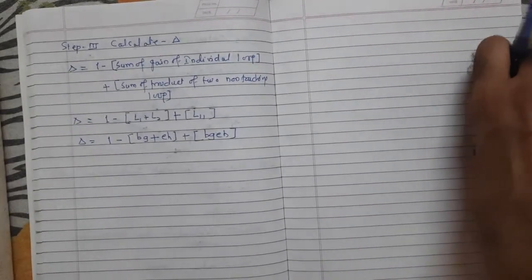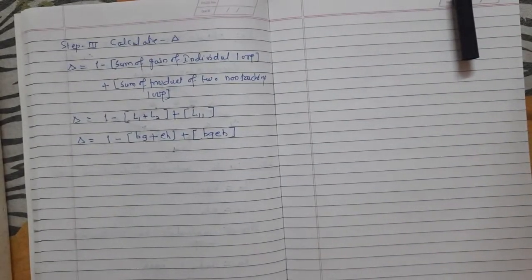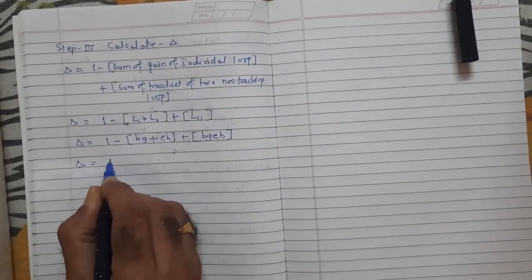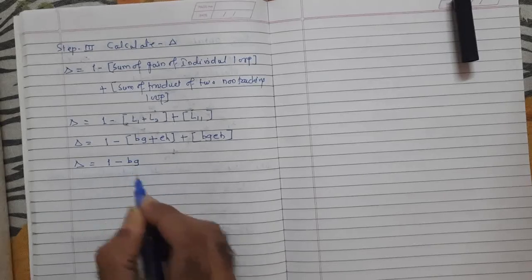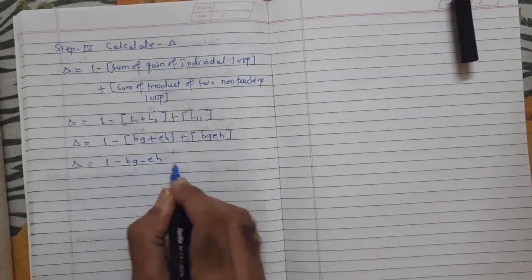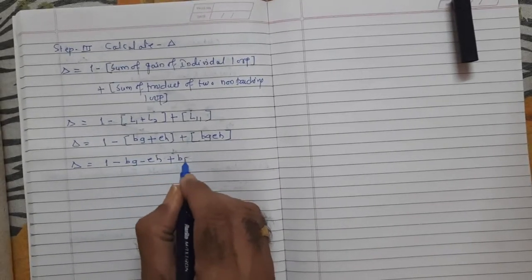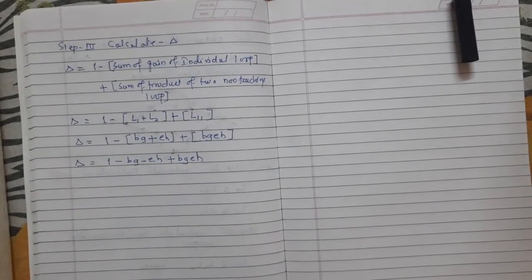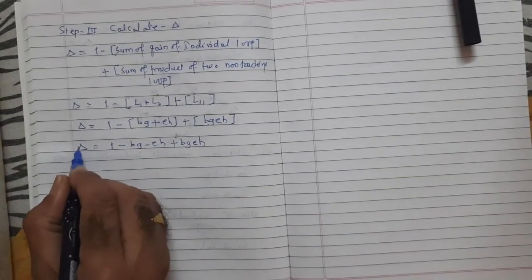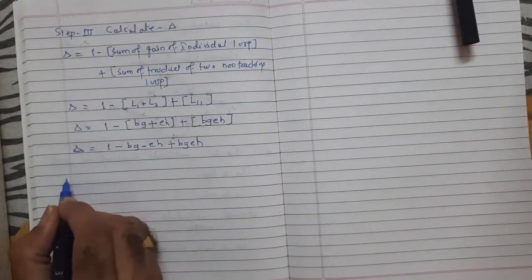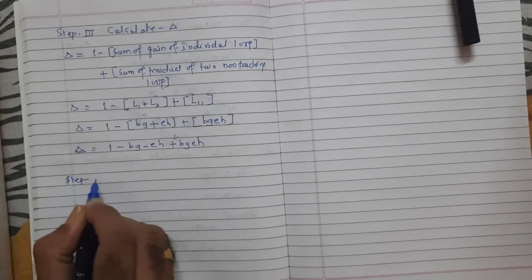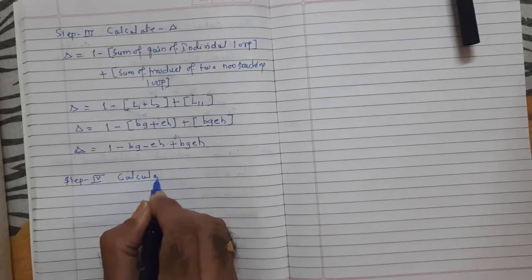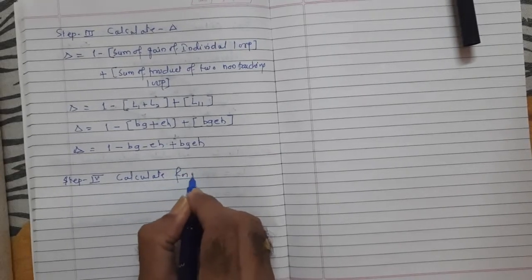So this we have calculated. Now see here, this del we can write as 1 minus B into G minus E into H plus BG into EH. So this is our del. Now step 4. Calculate forward path.